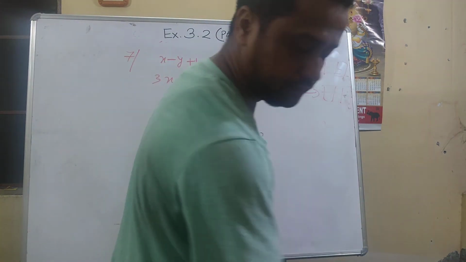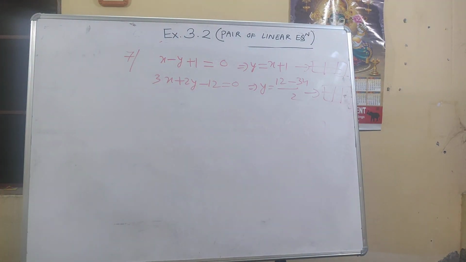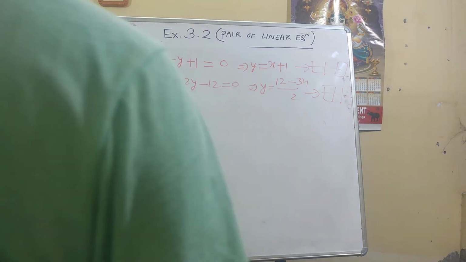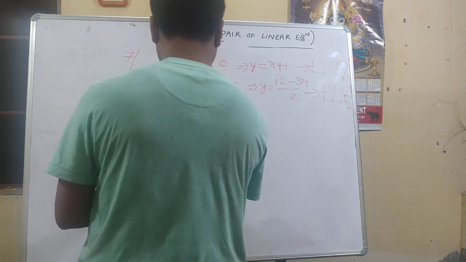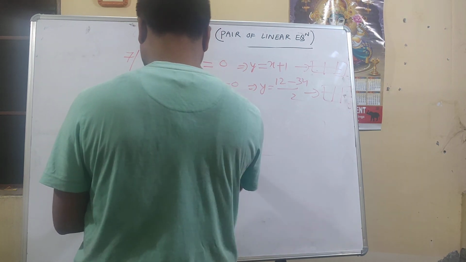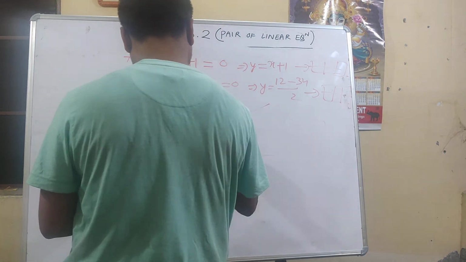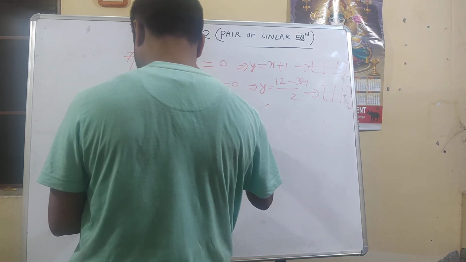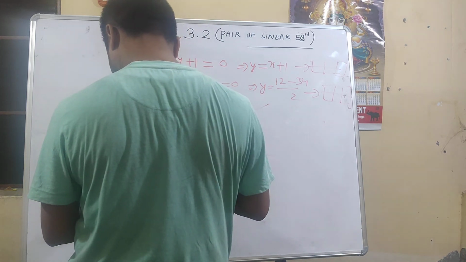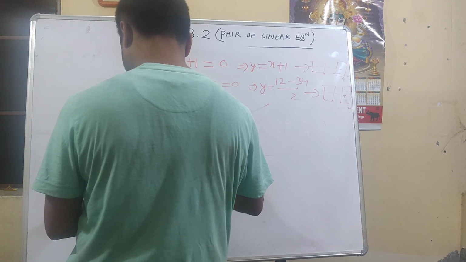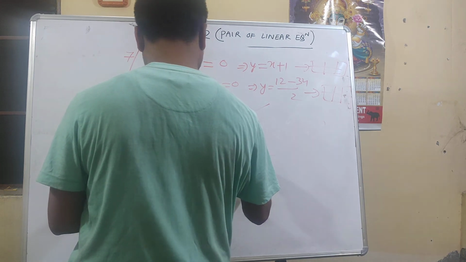From these two tables, make the graph. Here the points will be 2, 3, minus 1, 0 and 4, 0.